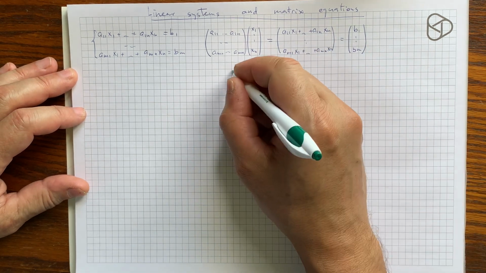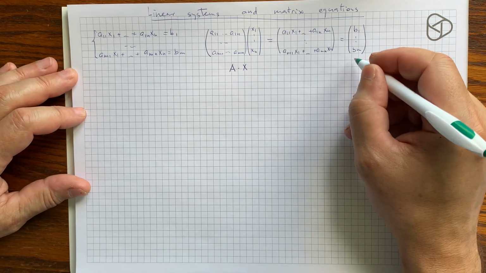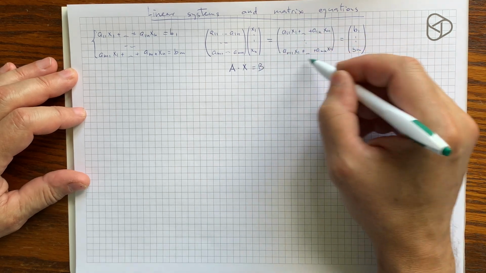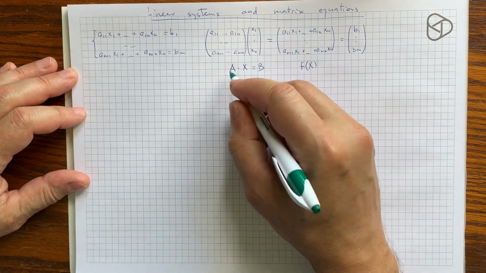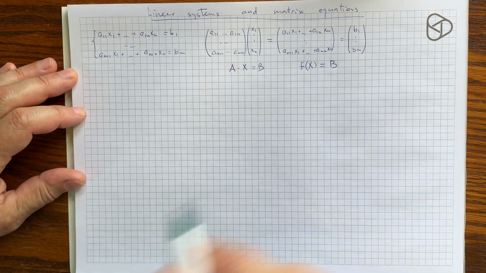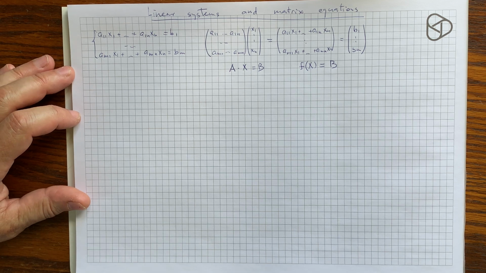And that is just A times the column X of unknowns, and we are equating it with B. Alternatively, we could look at this as a function of X, and A will be the matrix of this linear function, and we are solving this function equation. So this language is very convenient for seeing all the features of systems of linear equations.